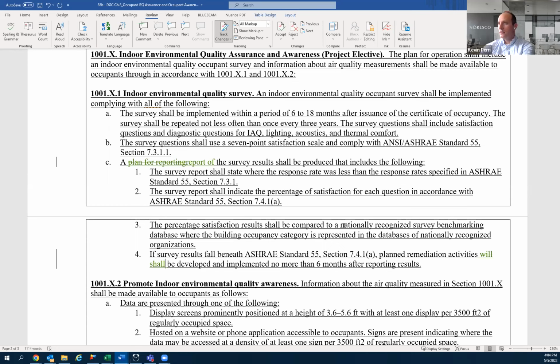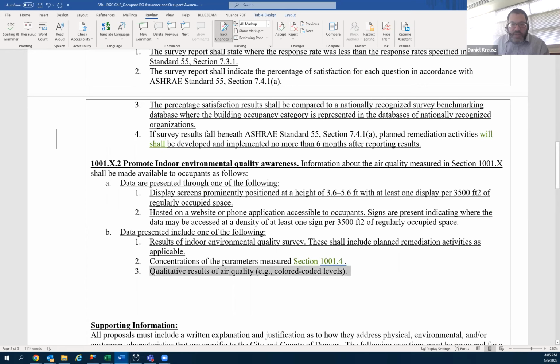Correct. I'm still unclear if maybe there's a standard for the final item in the proposal for the air quality. I didn't understand whether that was resolved yet. So in 1001X2, the last item 3, qualitative results of air quality, is that also from section 1001.4 or not?